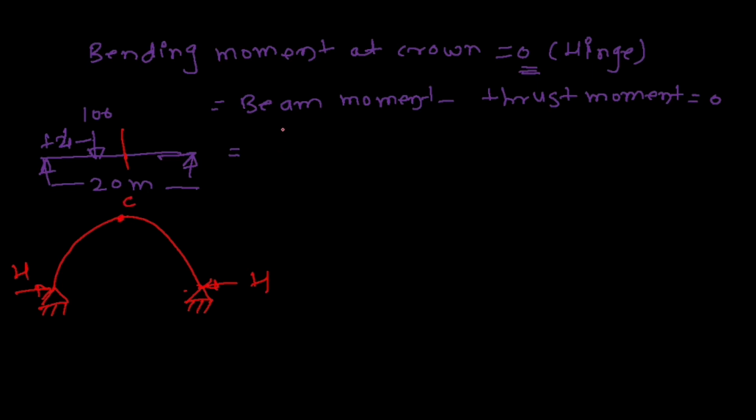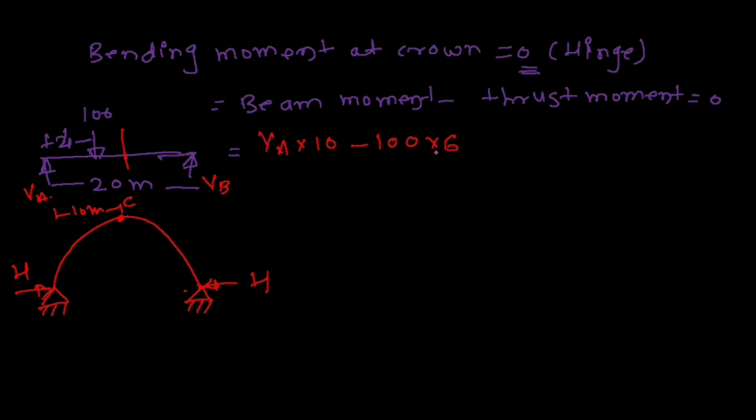So what is the beam moment minus the H moment? The beam moment from the left side is VA into 10, because we are taking the moment at the crown, so this distance is 10 meter, sagging moment is positive, minus 100 into 10 minus 4, that is 6. So this is the beam moment.